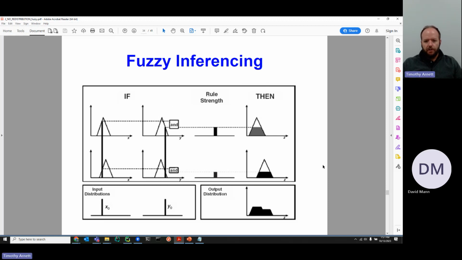This is a very good visual representation of what's actually occurring throughout the entire process of the inputs coming in, the fuzzification, the rule association or inferencing, and then the output aggregation and defuzzification.